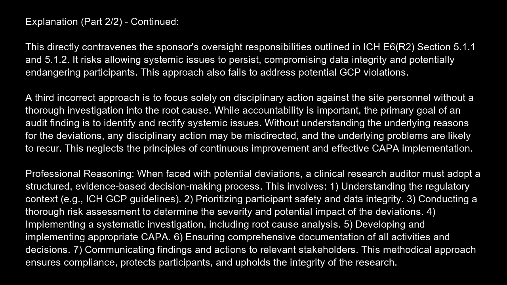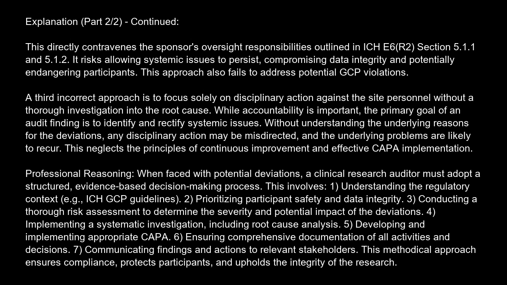Professional reasoning. When faced with potential deviations, a clinical research auditor must adopt a structured, evidence-based decision-making process. This involves: 1. Understanding the regulatory context, e.g., ICH GCP guidelines. 2. Prioritizing participant safety and data integrity. 3. Conducting a thorough risk assessment to determine the severity and potential impact of the deviations. 4.